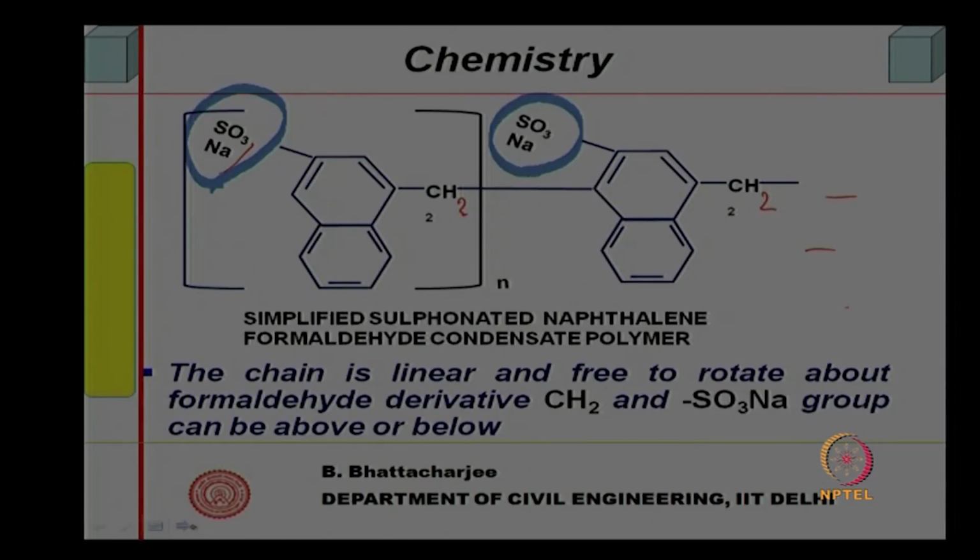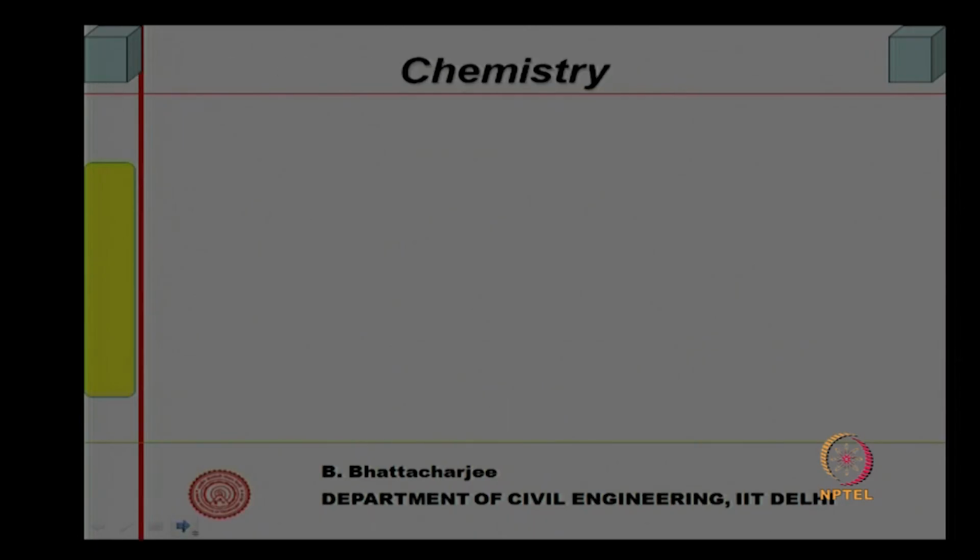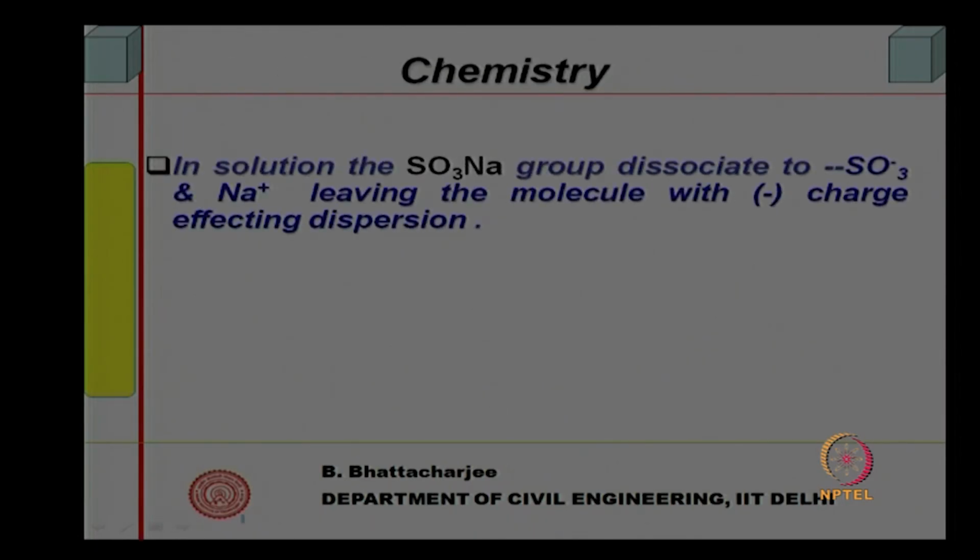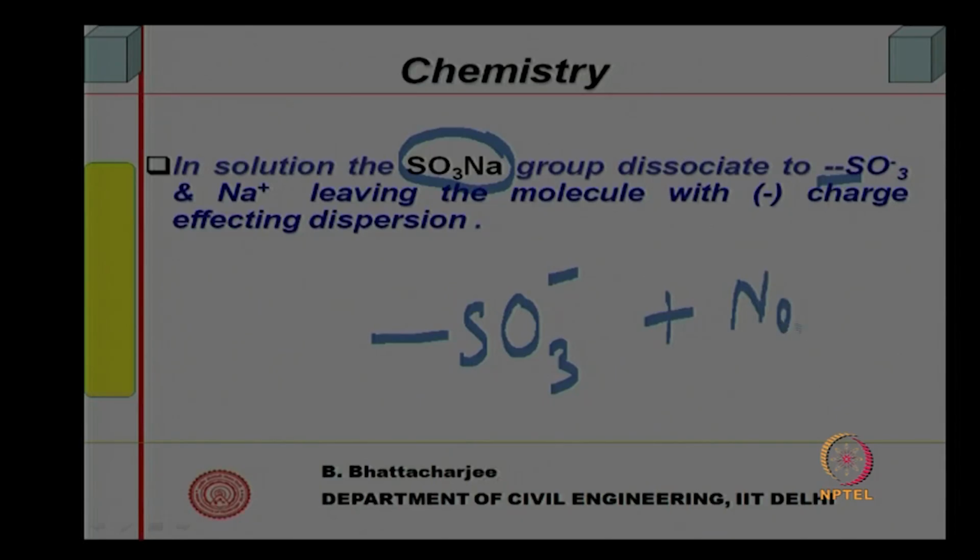Anyway, the main important issue is on dissolution, if you put it in water, this component will dissociate into SO3 with negative charge plus sodium positive charge, like the lignosulfonate, and this will affect the dispersion in the same manner, because being negative it can get attached to the surface of the cement which has cationic surface charges, and there it can get attached and induce negative charge onto the cement particle itself.